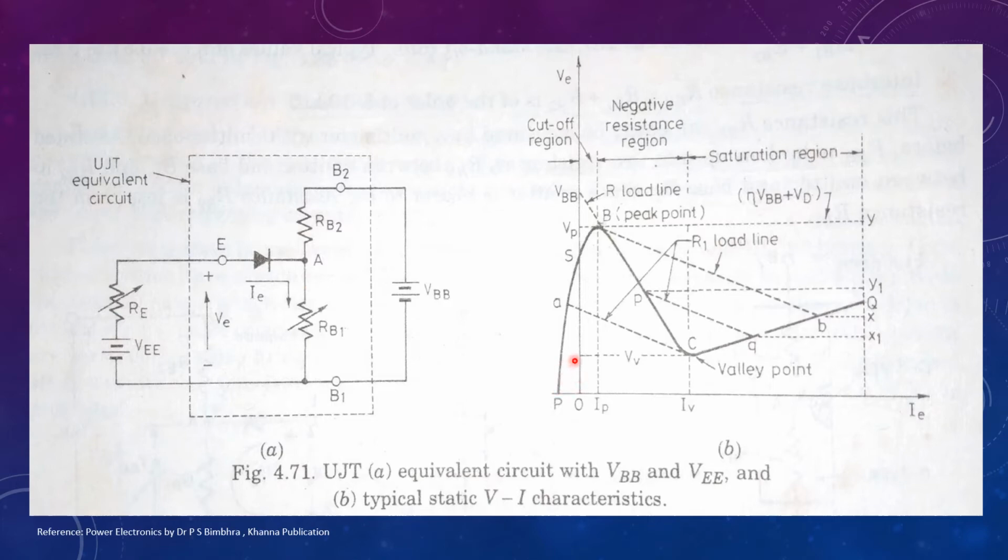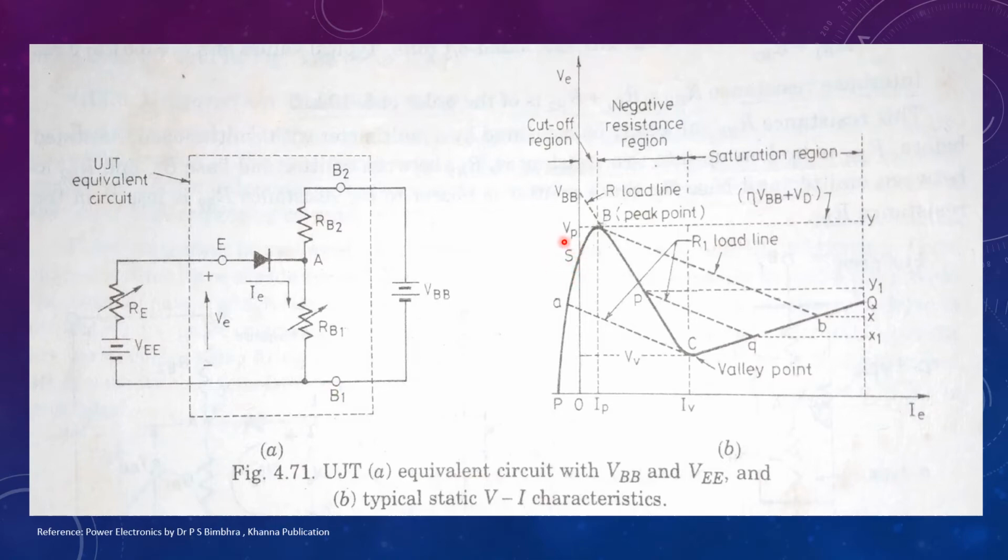Hence, emitter current IE is negative as shown by the PS region. The region PS has very small current and hence it is treated as the off region of the UJT. The resistance between emitter and base 1 junction is therefore very high.